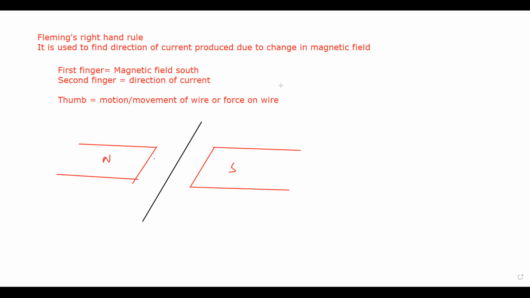Here, to find the direction of induced current, or current produced due to change in magnetic field, we use the right hand. If we know the current, if you have a battery, and we know the magnetic field, to find the force we use the left hand. So that is the difference here. There is no supply, there is no battery. When you move the wire, there is an induced current, and for that purpose you will use the right hand. For example, you are moving it up. This is the motion of the wire.